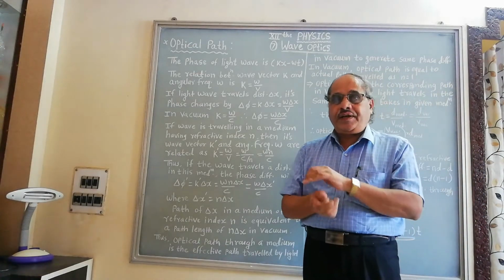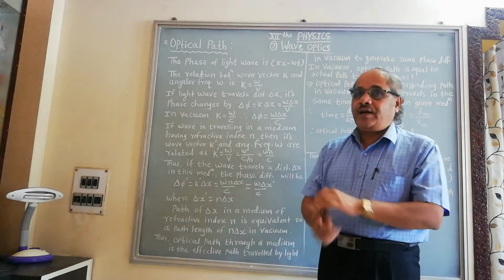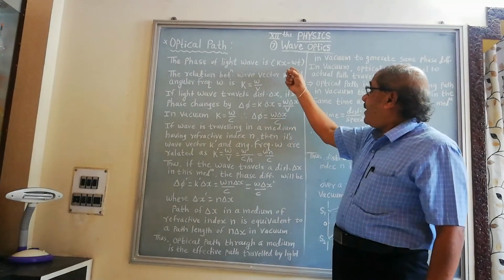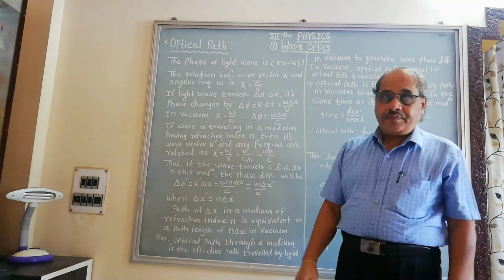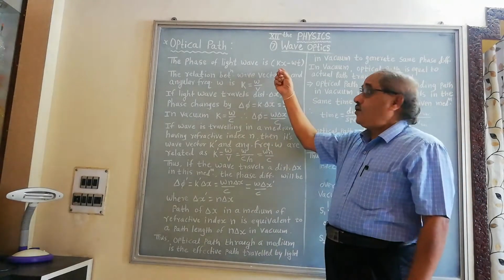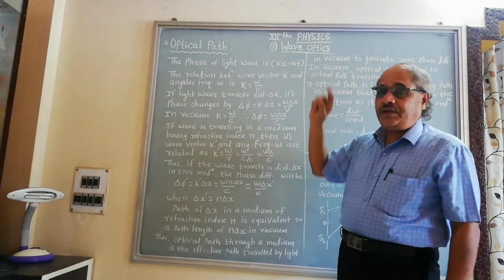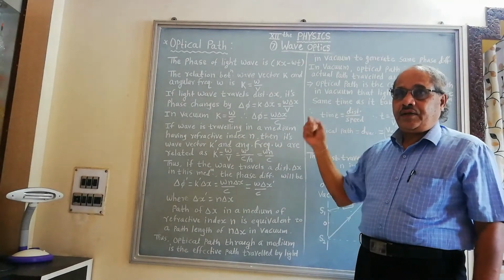Then its phase is given by kx minus omega t. So this is the phase of the light wave when it travels in, say, vacuum.